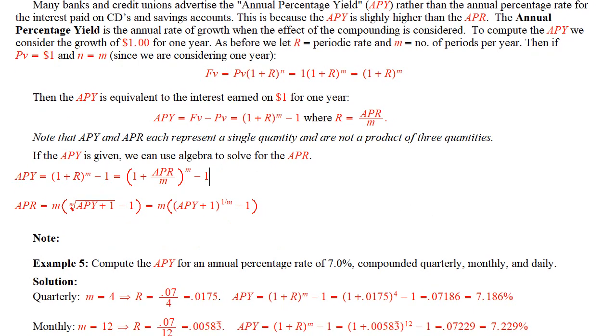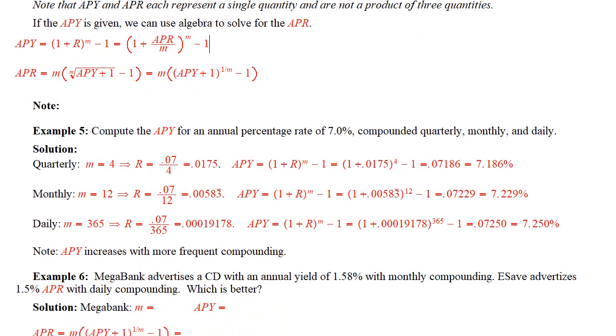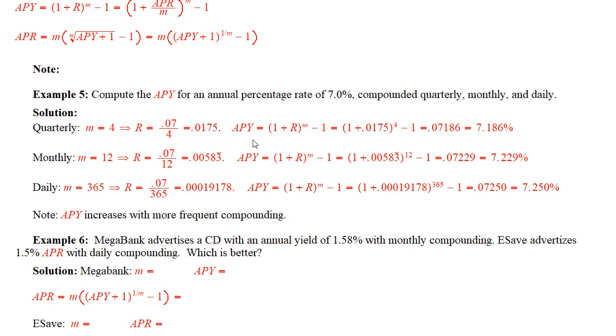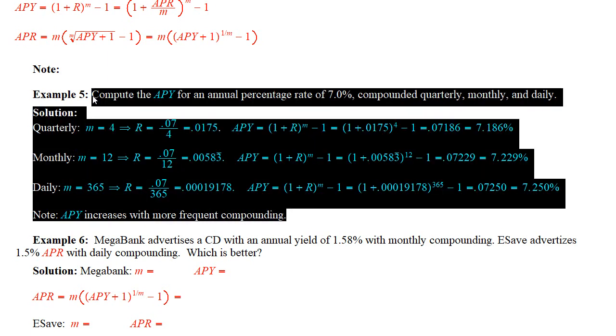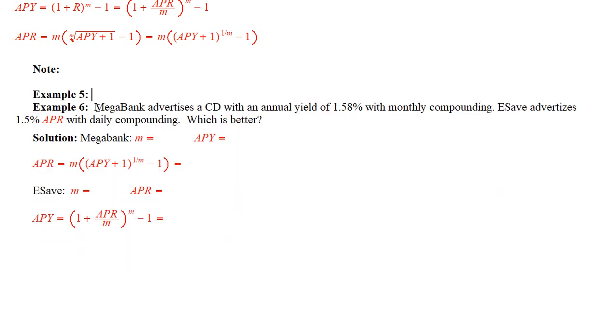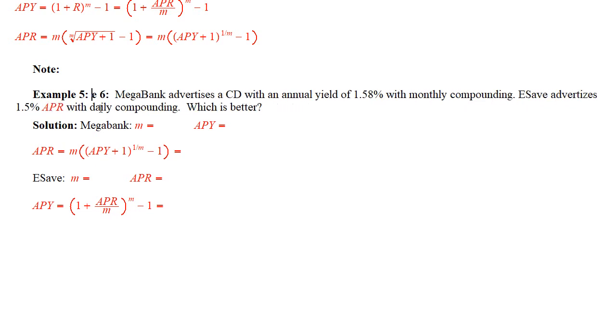So let's look at an example here. We've got two banks here. Mega Bank advertises a CD with an annual yield of 1.58%, monthly compounding.